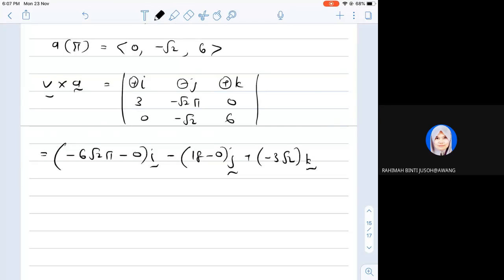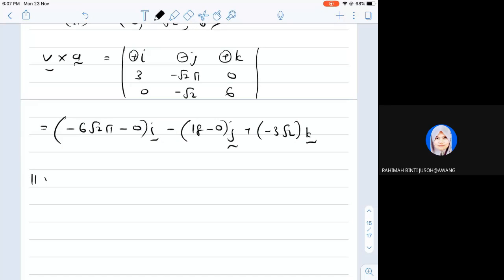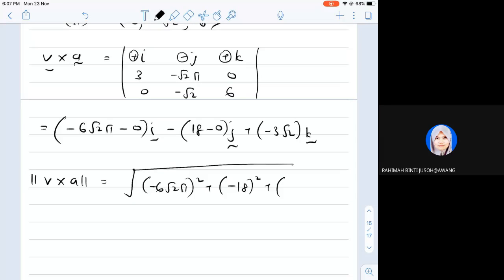Alright. So next we need to find the magnitude of V cross A. Square root of negative 6 square root 2 pi squared plus negative 18 squared plus negative 3 square root 2 squared.